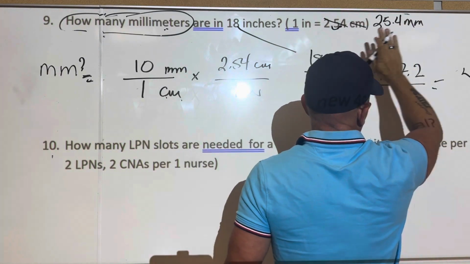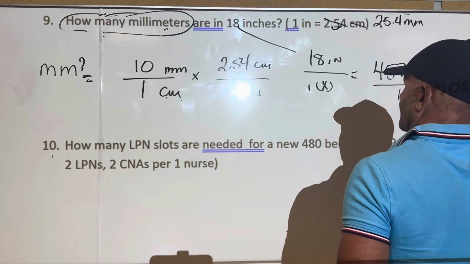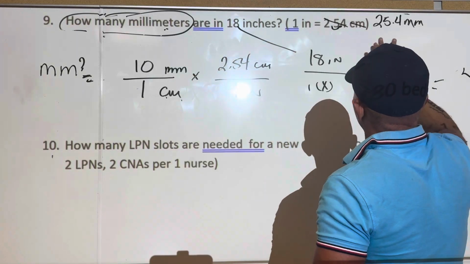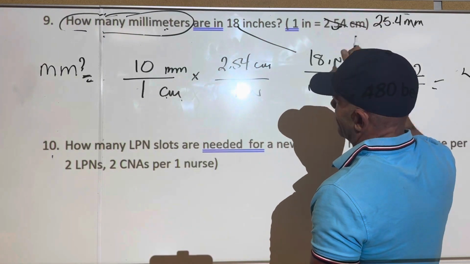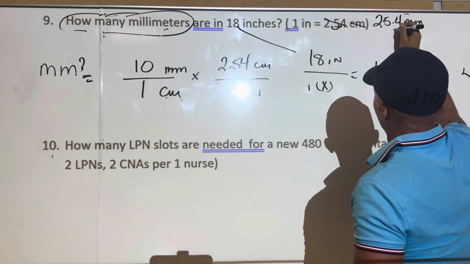Because we're moving to the right, because it is smaller. So we converted that without even having to do all this. Remember, because we know there's only 1 0 in that little chart, which is 1 decimal. So that made it 25.4.